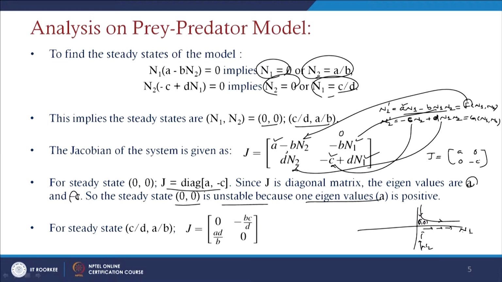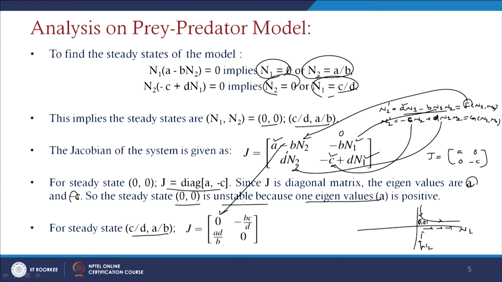Again, going for the steady state analysis for the point c by d, a by b, we can directly find that if we have a minus b n2, and I put n2 as a by b, then it cancels out. So it will be a minus a, which gives 0 value here.